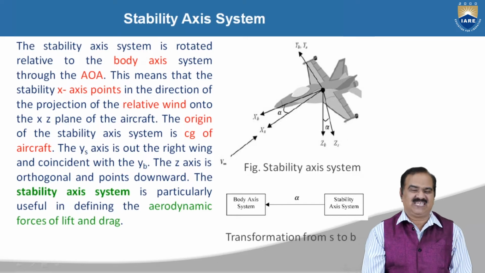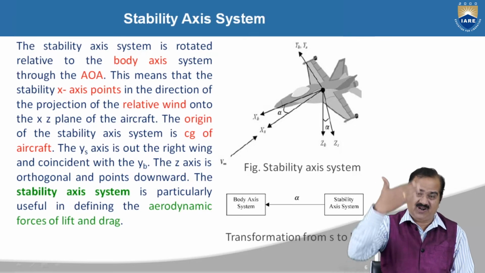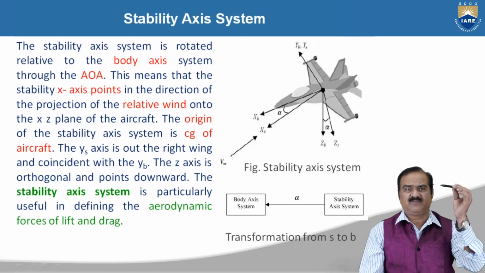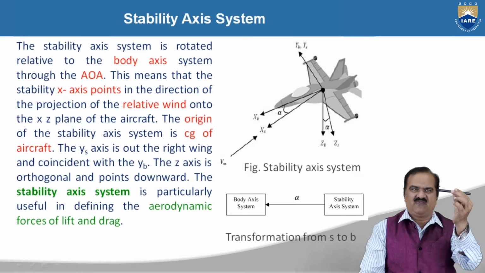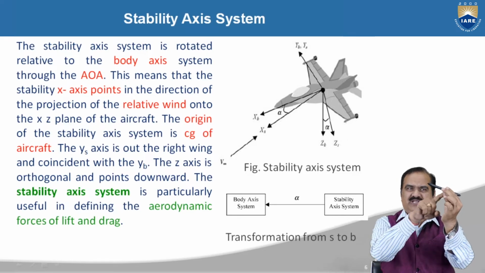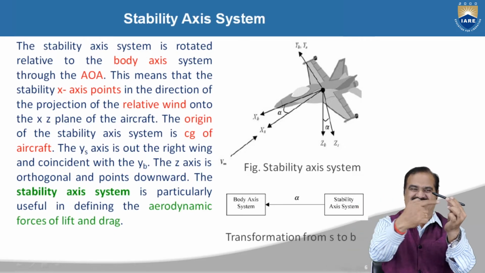But if we see in this diagram, if we rotate the nose by alpha in the xz plane, which is a vertical plane, with the aircraft nose here and the tail here, and I rotate positive, this will be XB, but the relative wind will be XS.